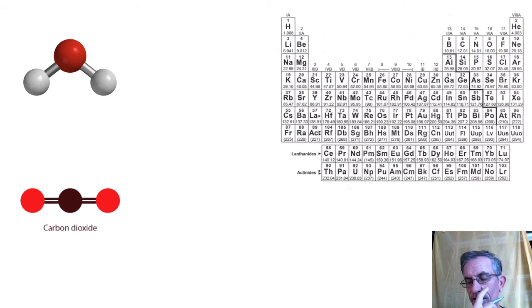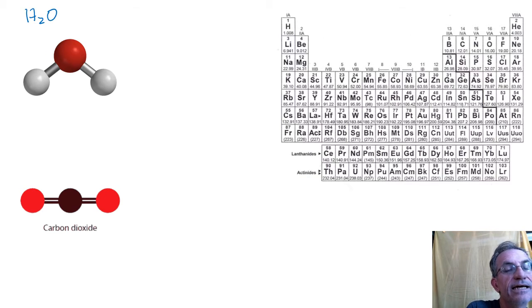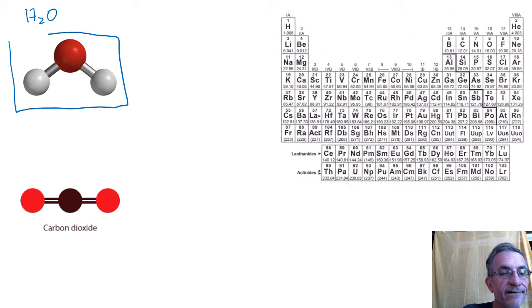Over here on the left, you see some diagrams. This top one, the white guys are hydrogen, the red guy is oxygen. So this is water. This little diagram is one water molecule.